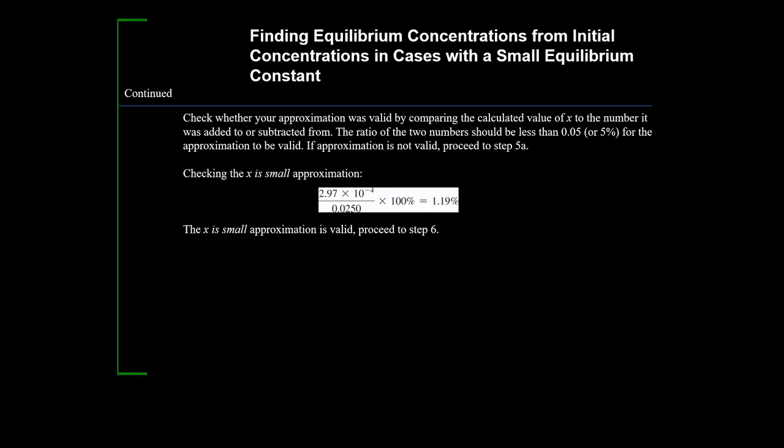In this step here, we're just making sure that it's not messing with our answer too much. We're getting close enough. So to check whether the approximation is valid, you're going to take the value of x that you found by making that x is small assumption, and you're going to divide it by the number you are going to either add or subtract it from.